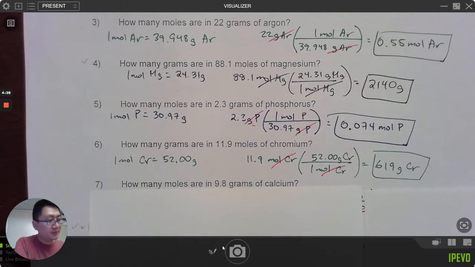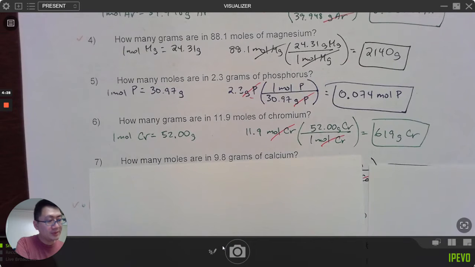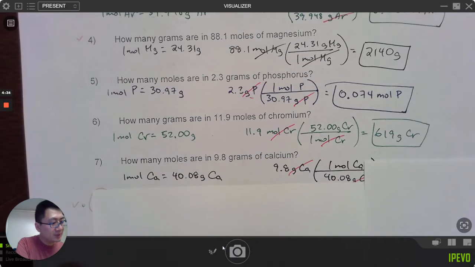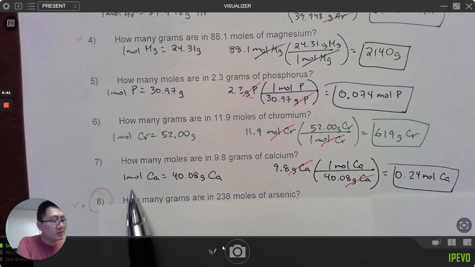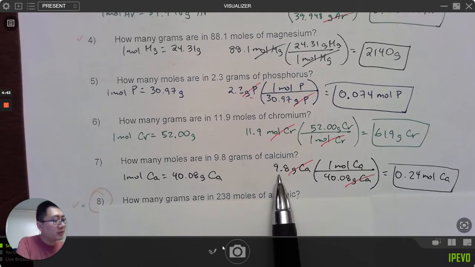Question number 7. How many moles are in 9.8 grams of calcium? You should find out that 1 mole of calcium is 40 grams. So 9.8 grams divided by 40 grams is 0.24 moles. Okay.